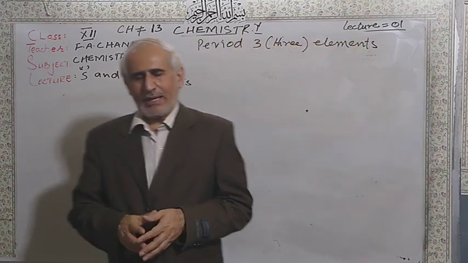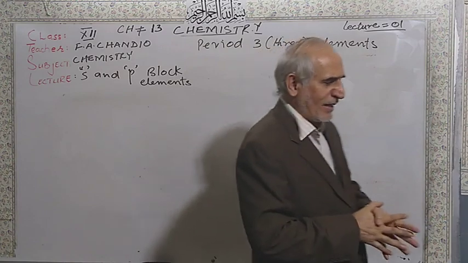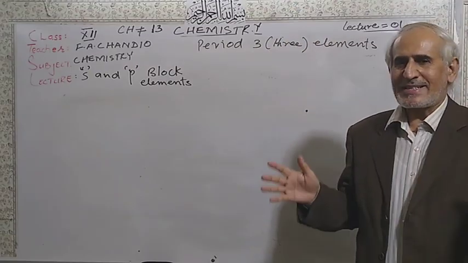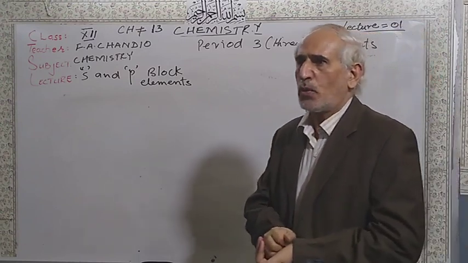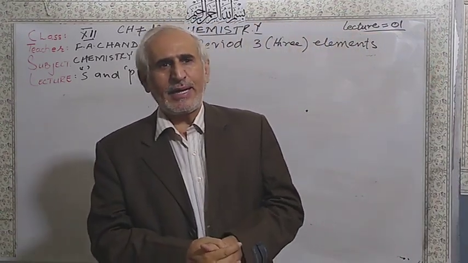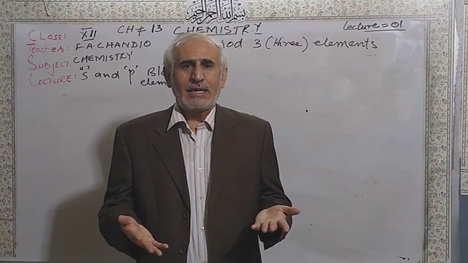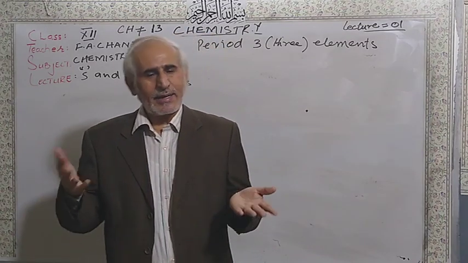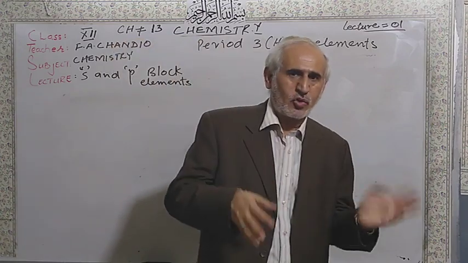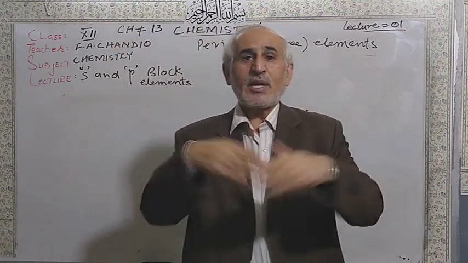I already told you in the lower classes that this syllabus from grade 9 to grade 12 is composed very accurately, and there is a relationship between the chapters of grade 9, 10, 11 and 12, step by step.